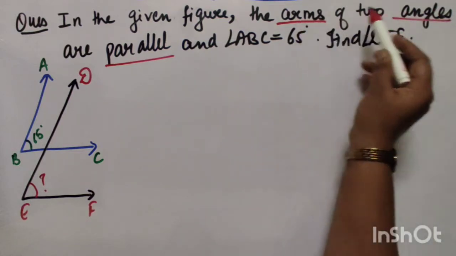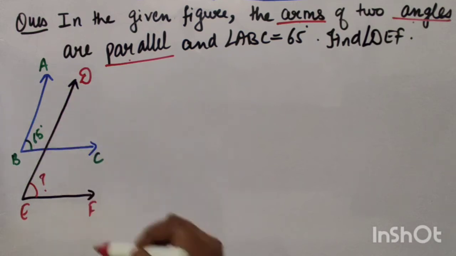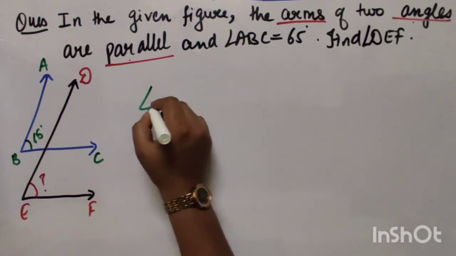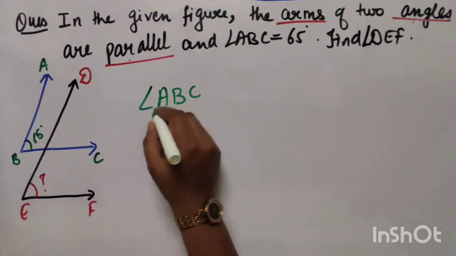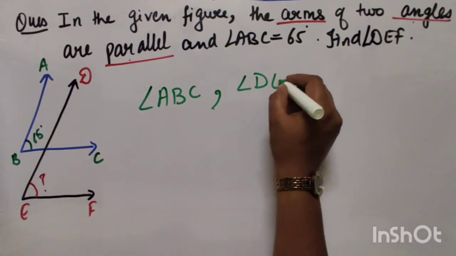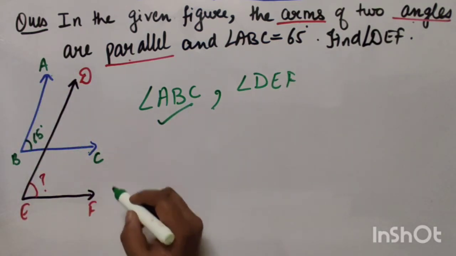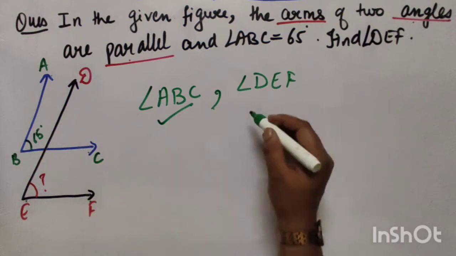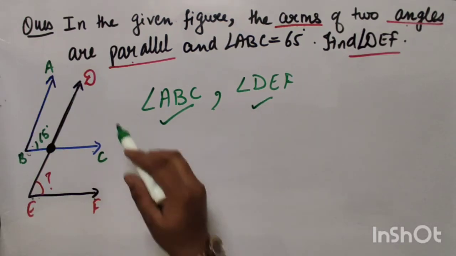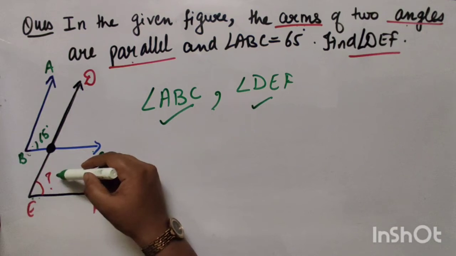Here we have two angles: one angle is ABC and the other angle is DEF, and the question says that the arms of the angles are parallel.